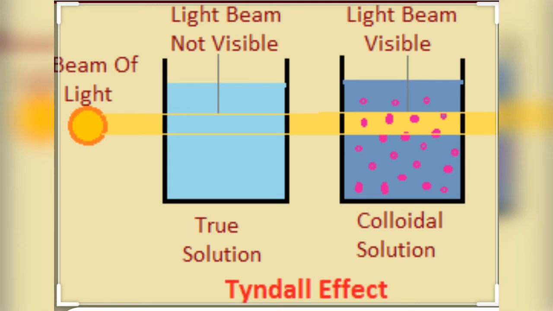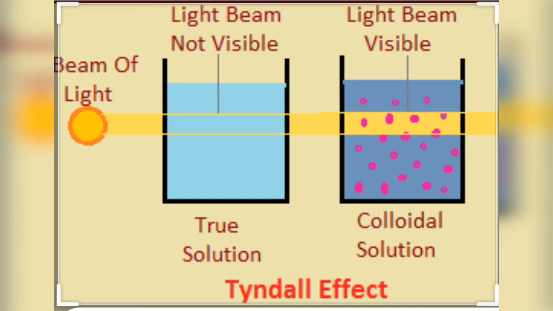For the Tyndall effect to be observed, the following conditions must be satisfied. Now dear student, this is very important to note down. There are two conditions needed to observe the Tyndall effect. Number 1, the refractive index of the dispersed phase and that of the dispersion medium must differ appreciably in magnitude.